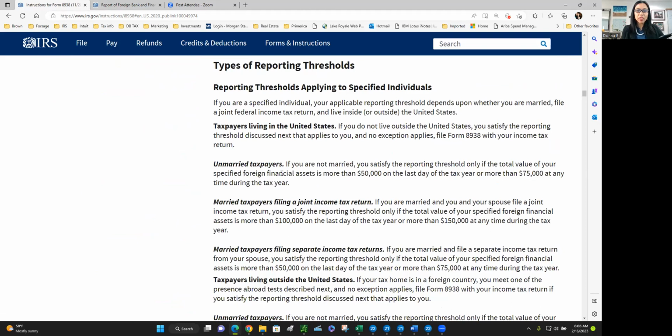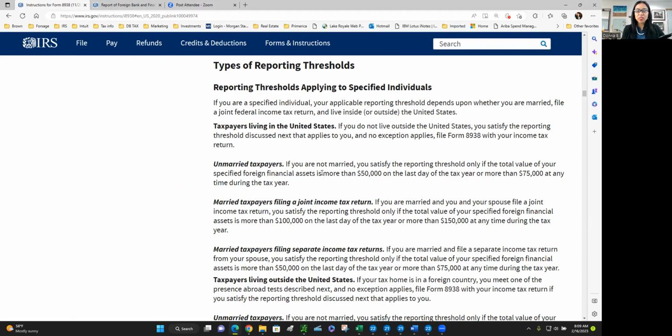So for unmarried taxpayers, for single, if your financial assets are more than $50,000 on the last day of the tax year, then you're required to file this form. Or if it's more than $75,000 at any time during the year. Say, for example, at the year end, December 31st, your foreign bank balance is only $20,000.